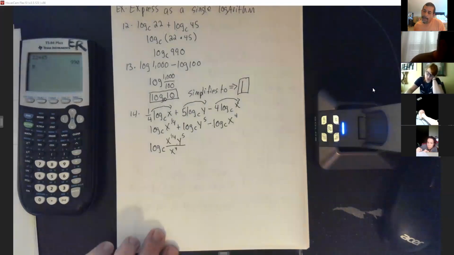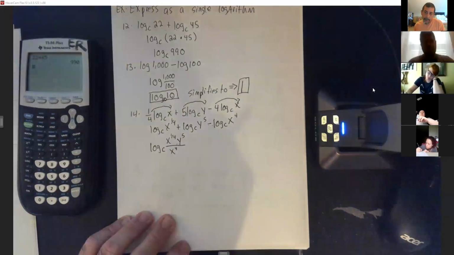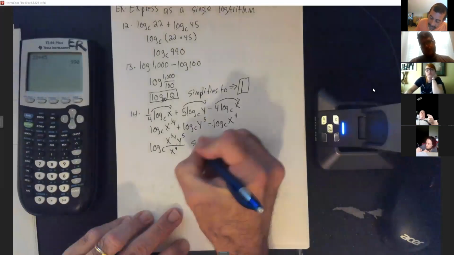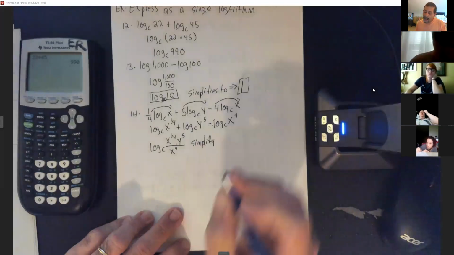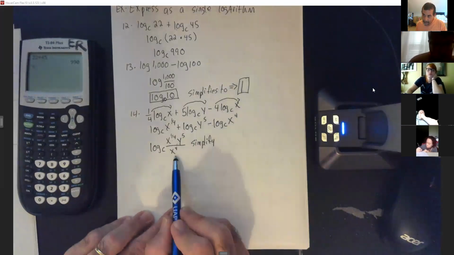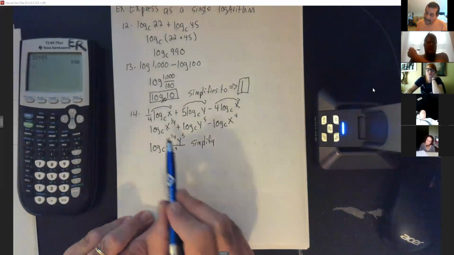So we're pretty much done, y'all, except one thing. We need to simplify this. We are not allowed to have x's on top and x's on the bottom. So we need to simplify the x's.